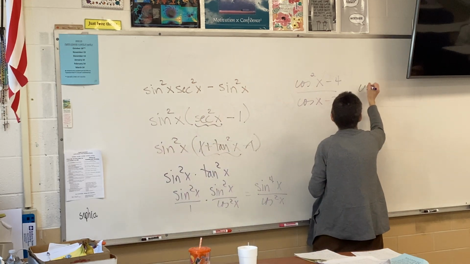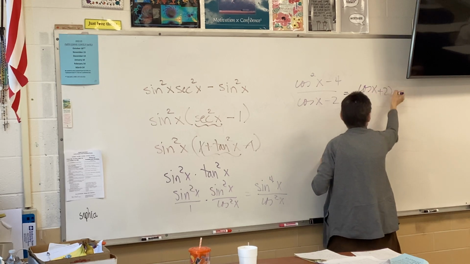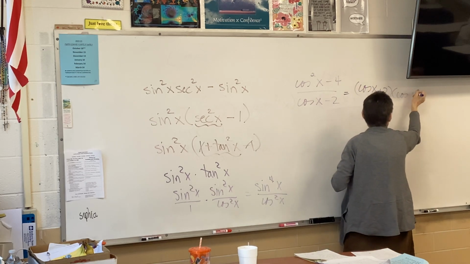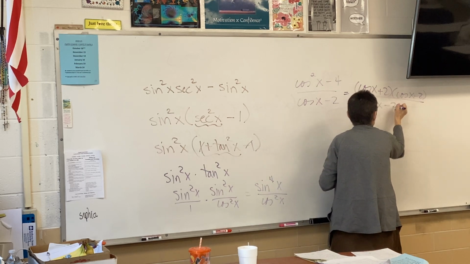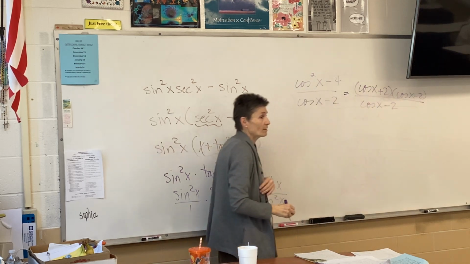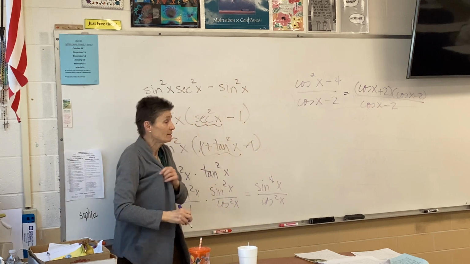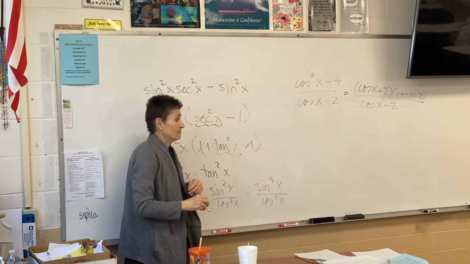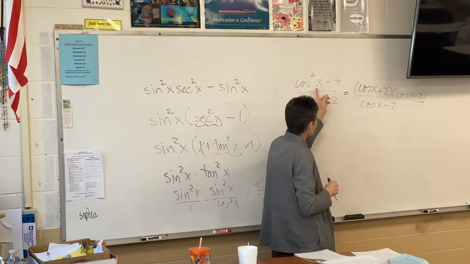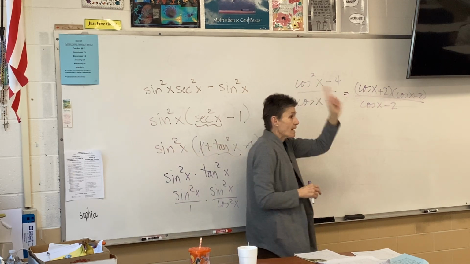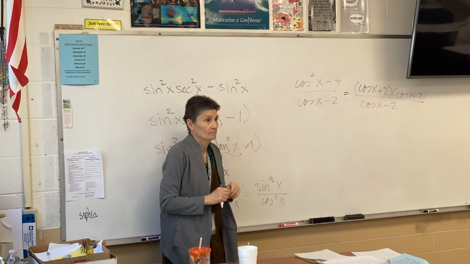Guys, we gotta remember that factoring squares is a big deal. You gotta remember that. A squared minus b squared is a plus b, a minus b. So this one is cosine plus 2, cosine minus 2. Now what can I do?